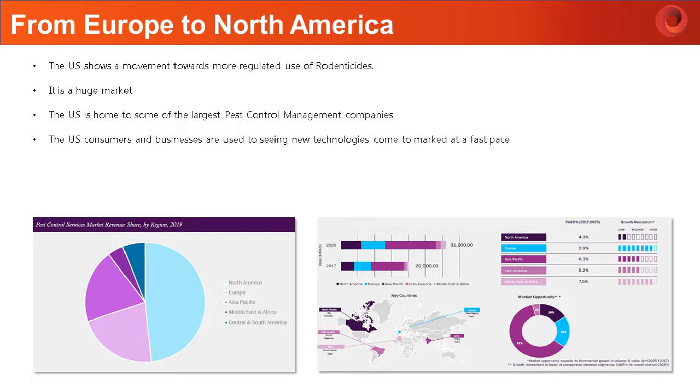And we also see in the US that the larger pest control product development companies like Bell Laboratories start to bring digital solutions to the market. And that makes a push in the market. And therefore, we believe that 2022 is the right time for us to introduce our TrapMe solutions to the US market. And I think Massey mentioned that time to market is essential, or time to market is king. So we are busy getting our solutions to the market.